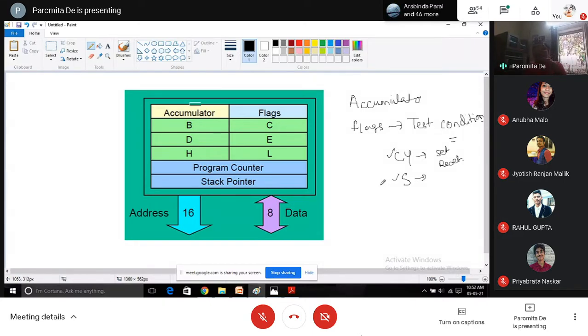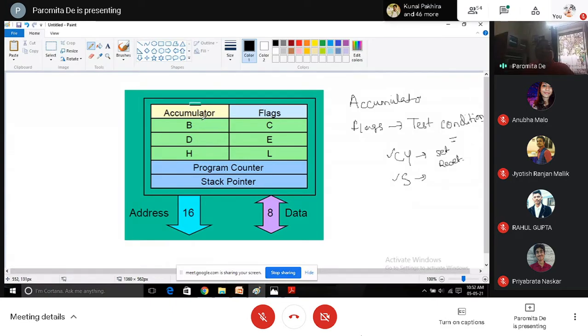So there are 5 such registers, and these registers test for the different kinds of conditions of addition, subtraction, or logic operations, or any other program being executed by the microprocessor. For execution of the program that we will write, these conditions are tested, and accordingly the decisions are taken.